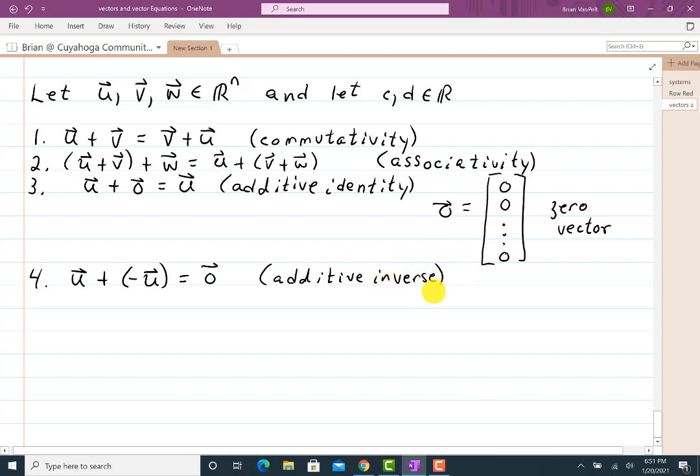And we should probably be careful here too. When I write negative u, if you want a definition that you can hang on to, that's -1 times u, which means that I will multiply each and every component of u. What was u? Well, let's do this.